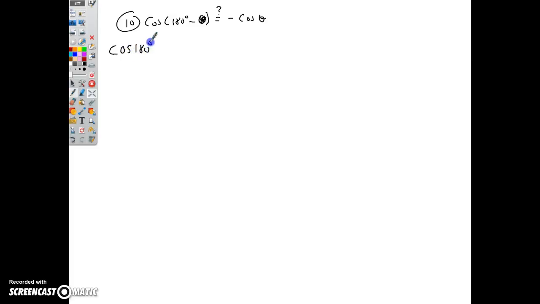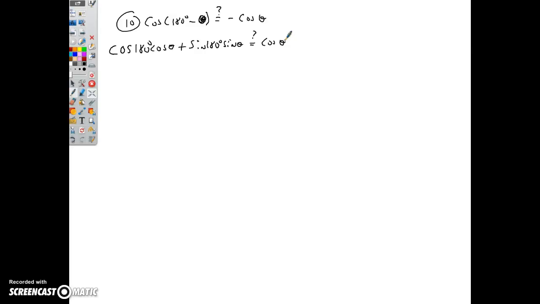Cosine 180 cosine of theta, right? Just the same one we're doing here. A minus gives me a plus for cosine. Sine 180 sine of theta. Is that equal to cosine theta? Cosine 180 degrees is negative 1.